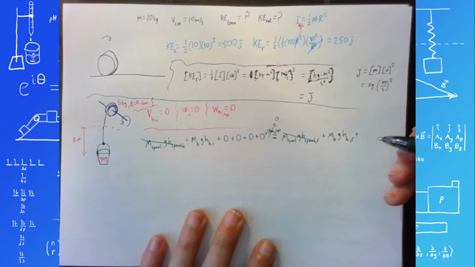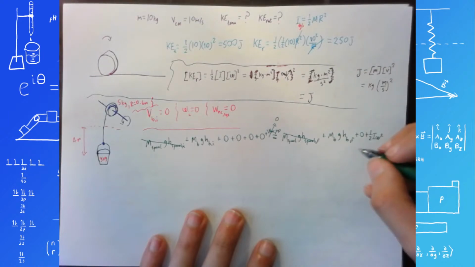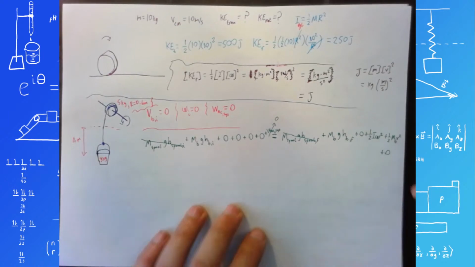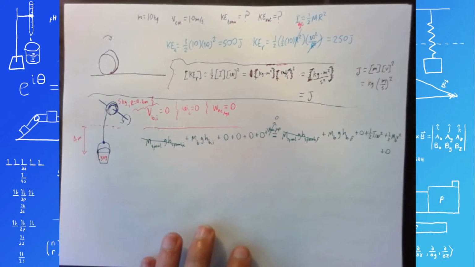Plus, for the spool, no translational kinetic energy, but there is 1/2 I omega squared for the spool. And then plus 1/2 m bucket v squared plus 0 rotational kinetic energy for the bucket.